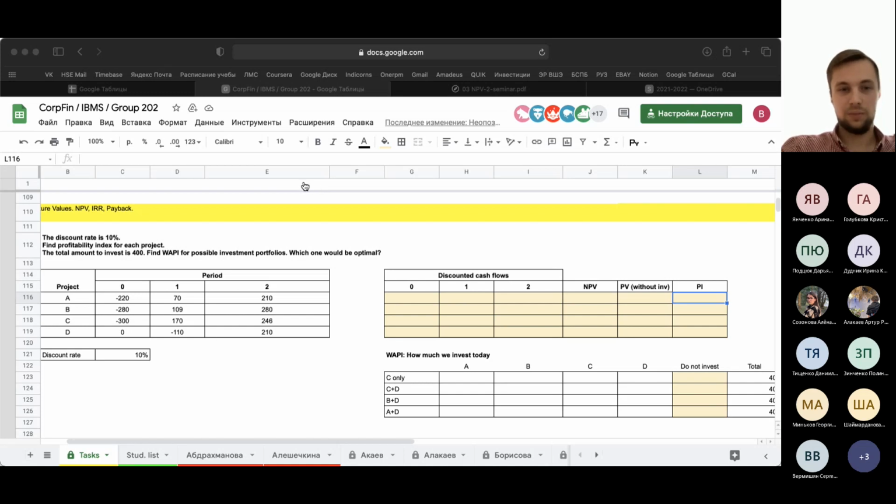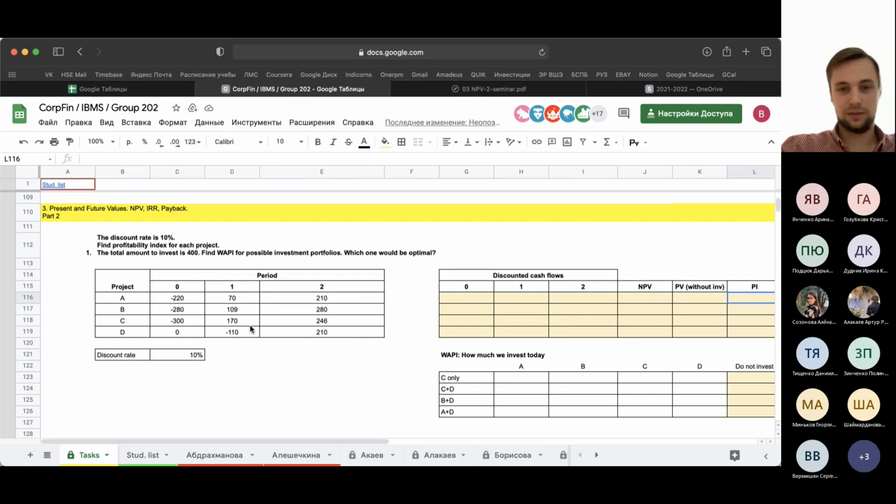We will start with Tatiana, but actually this task is quite big, we have several questions here, so other students also don't be shy to participate. We will start with Tatiana, but then I can ask someone else.